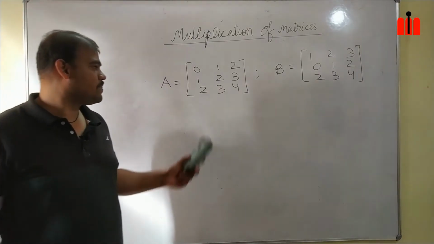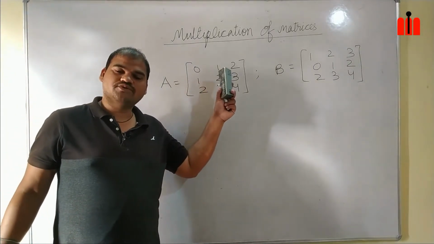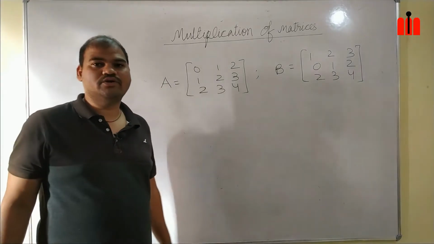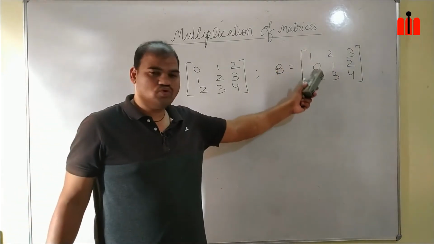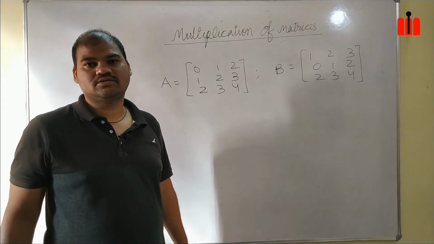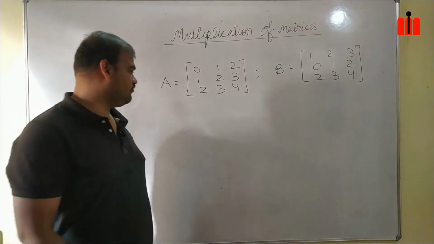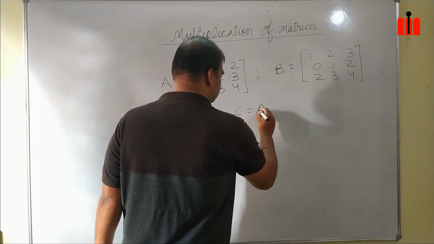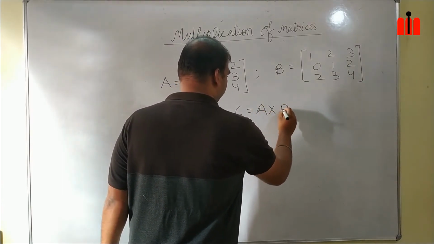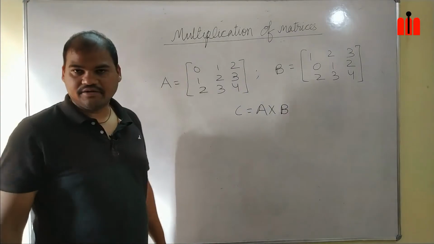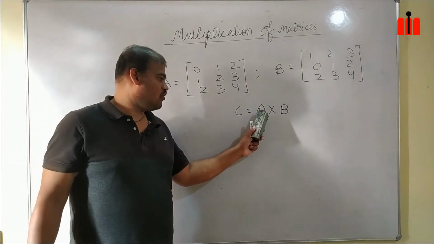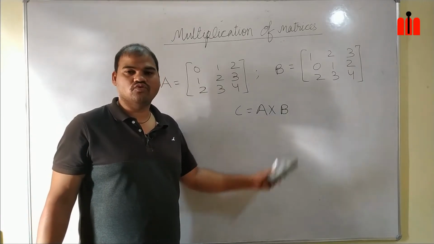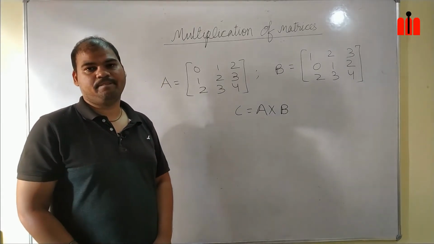The first check is that the number of columns of matrix 1 should be equal to the number of rows of matrix 2. If you are doing a multiplication as C equals A cross B, then the number of columns of A should be equal to the number of rows of B.